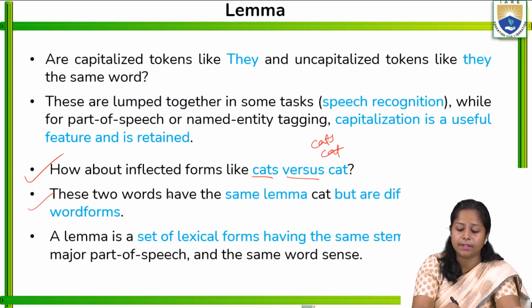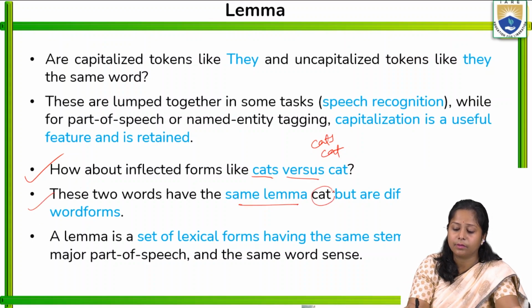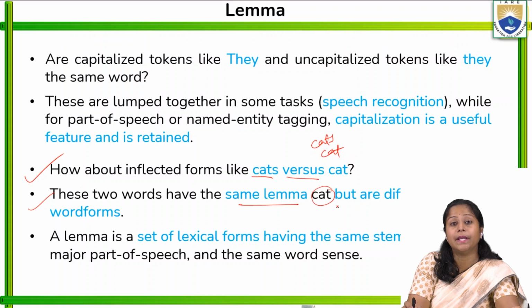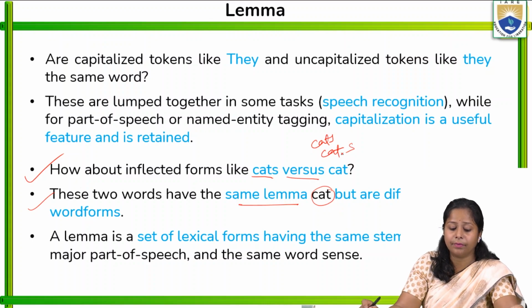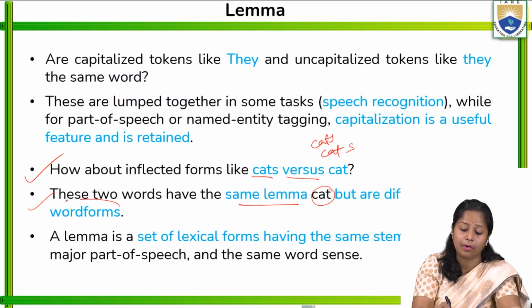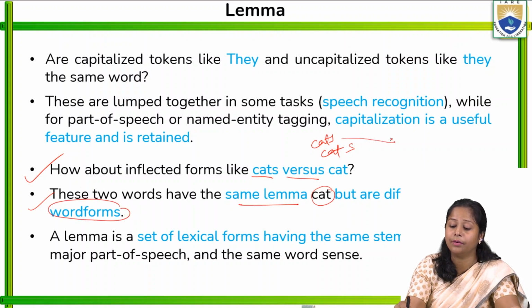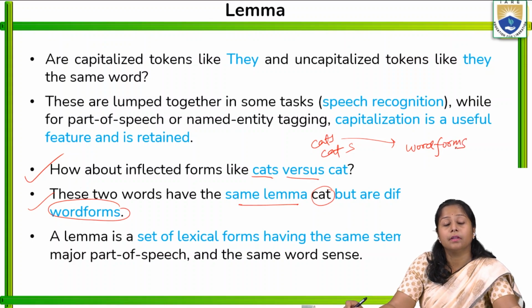These two words have the same lemma, cat. The base word is cat, and an extra s has been added. The difference is only in the word form. That is called a word form, which we need to understand, and which the model is going to understand, right?